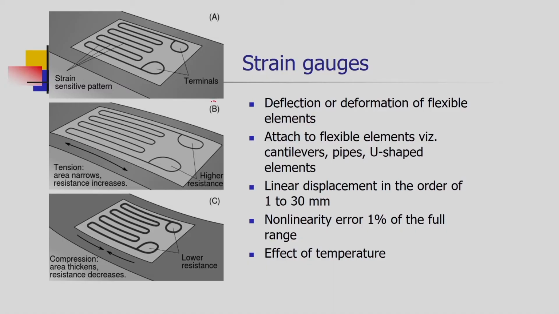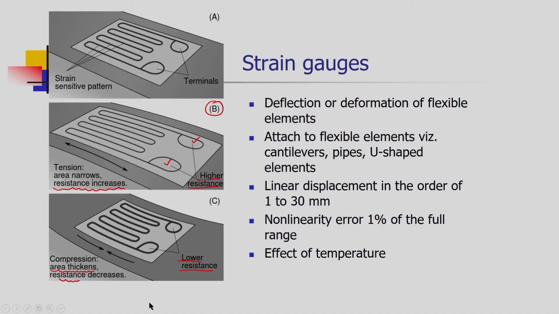Figure B shows that when there is tension, the cross section area gets narrowed and the resistance increases, so higher resistance is indicated here. When compression occurs along the length, the cross section area thickens and the resistance decreases, so we get lower resistance.